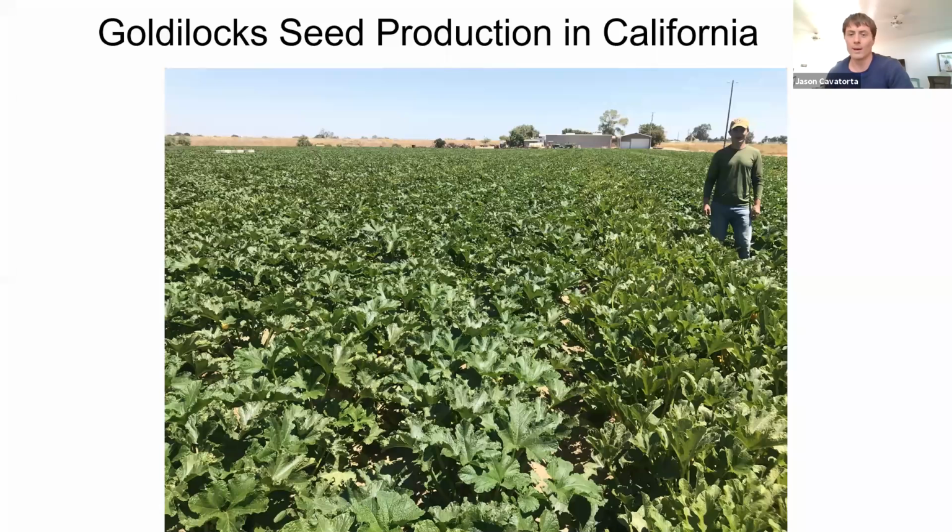And so with some beehives over there on the left, when the plants start flowering, only one of those lines is producing pollen. The bees move that pollen from one line to the other. And then when we come back at harvest time, all of the seeds in those seed parent rows are Goldilocks hybrid.